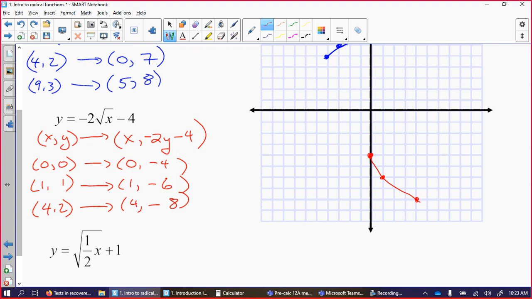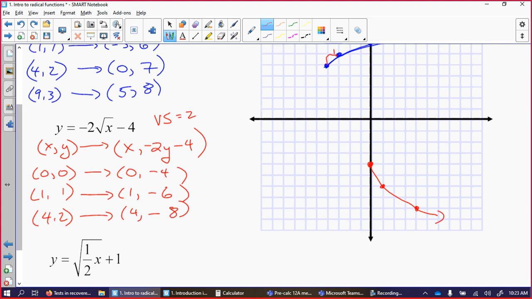9 would be something. So notice this one has a vertical stretch of 2. Our initial graph, just like the parabola, goes over 1 and up 1. This one goes down 2. I guess I wanted that vertical part.